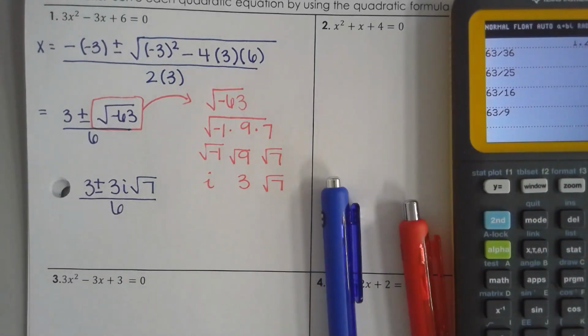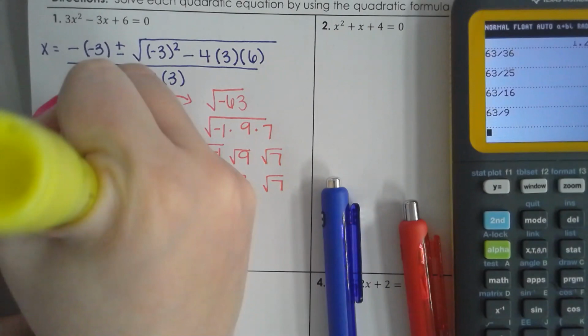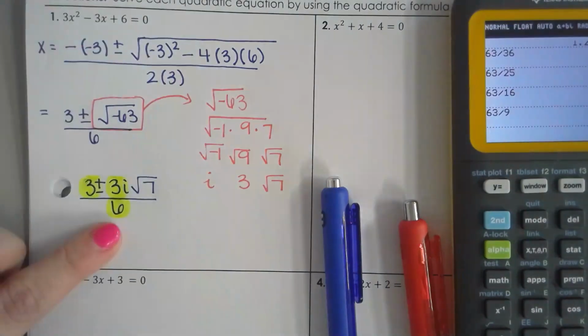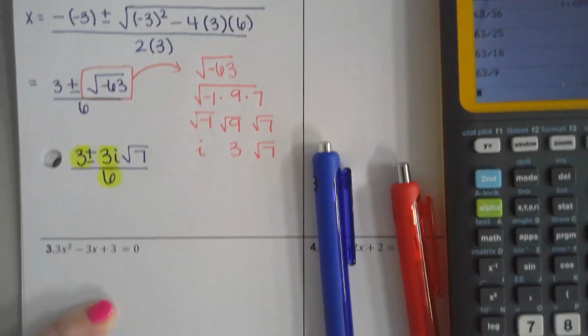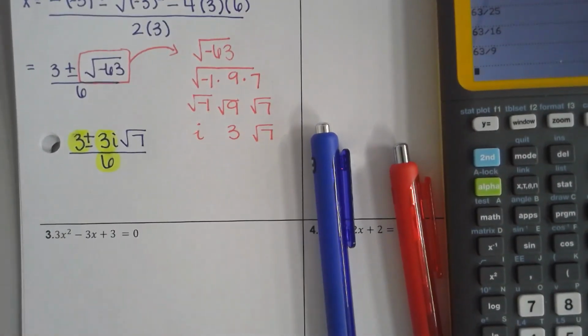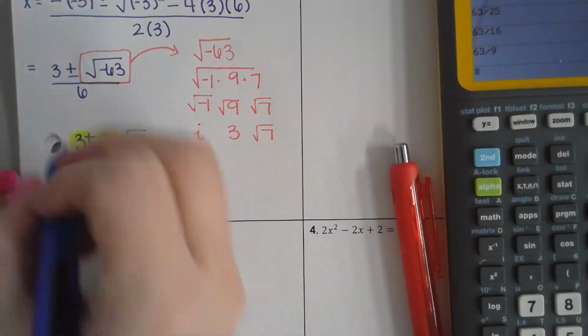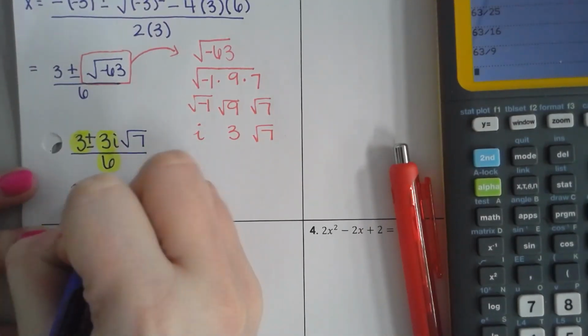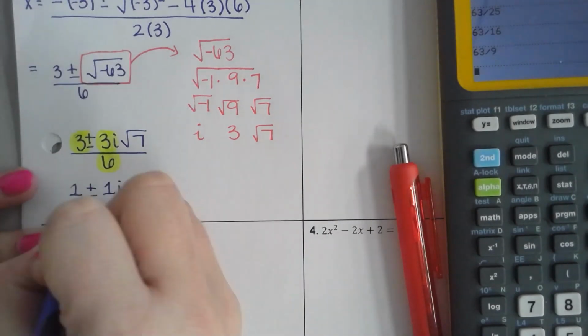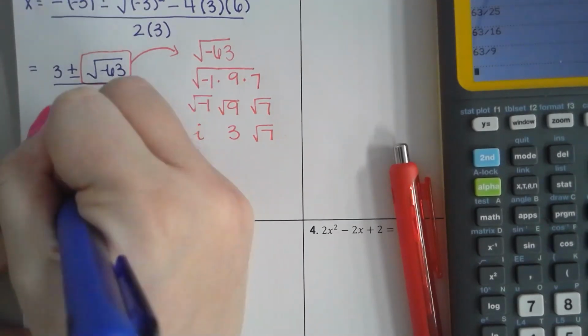And then the last thing you need to do is check to see if these 3 numbers can be divided by anything. You kind of ignore the one under the square root. Can you divide those 3 numbers by anything? 3. Yep. So this would be 1 plus or minus 1i square root of 7 over 2.